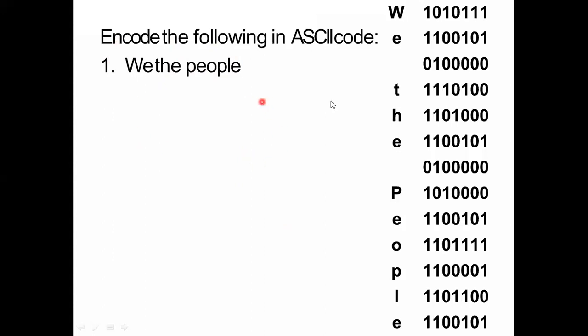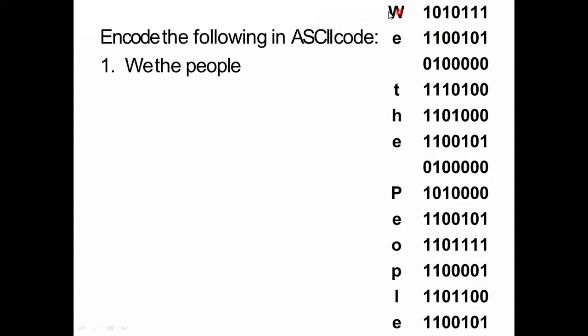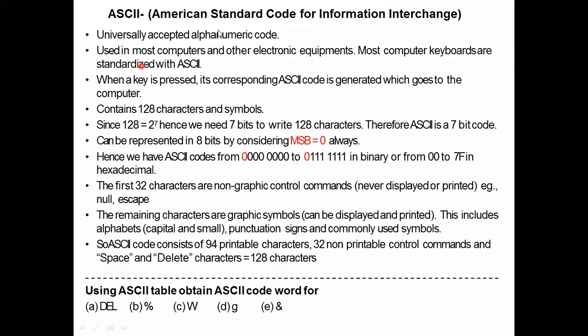In this way, we take the equivalent ASCII codes for each letter, number and symbol. How many digits are there for each letter? Totally 7 digits, like 1100101. Seven digits are used for representing the ASCII code.